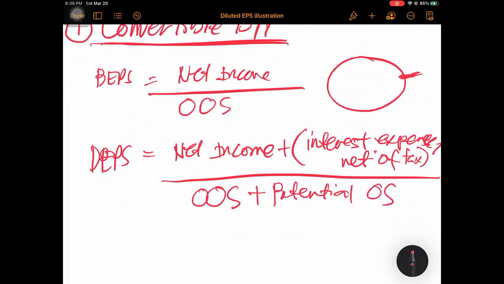Question: why do we need to add back the interest expense from the bonds payable? Why do we add back the interest expense in computing the net income for the diluted earnings per share computation? What do you think? Need to get the present value?